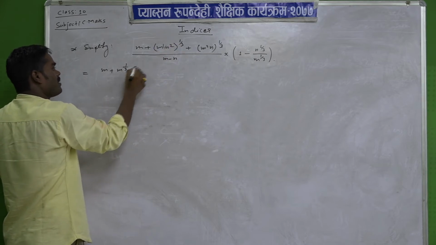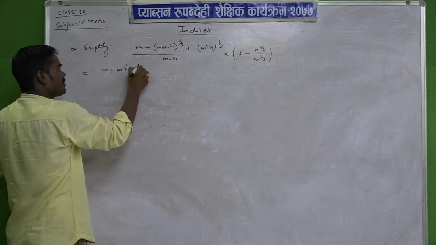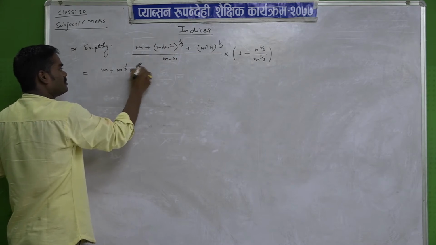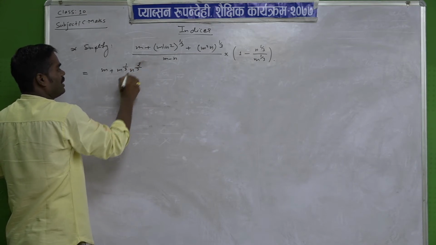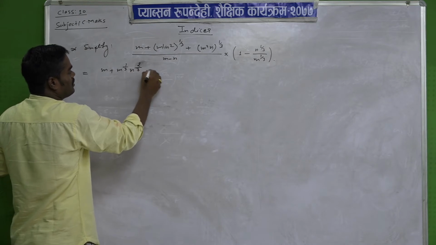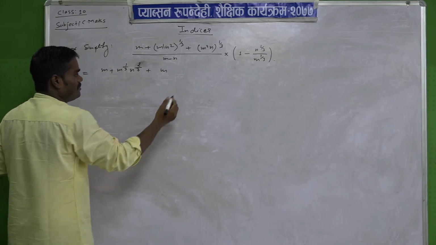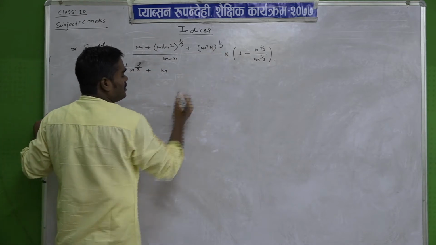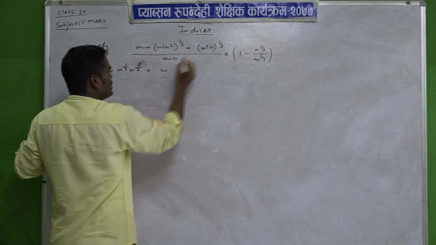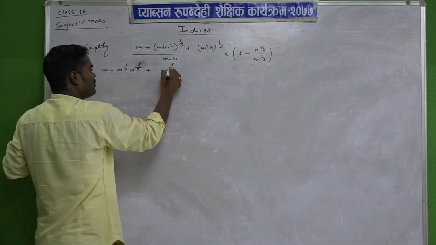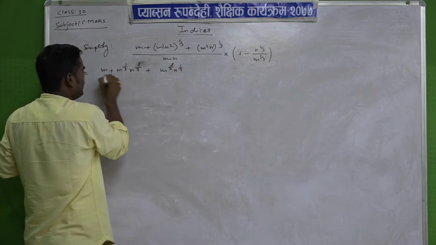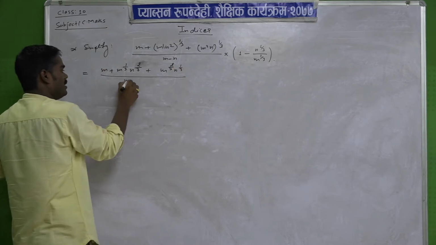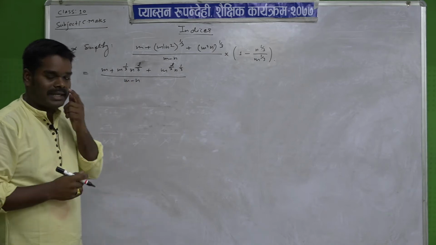So here 2 into 1 is 2, 2 into 1 is 2 by 3 plus, likewise power over power, then they are multiplied. So 2 into 1 is 2 by 3, 1 into 1 by 3 whole upon m minus n.